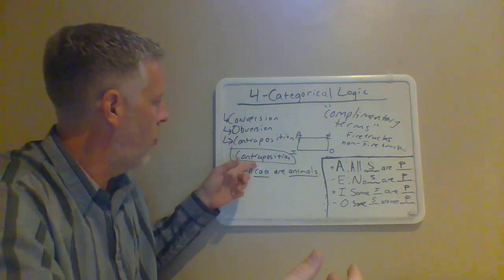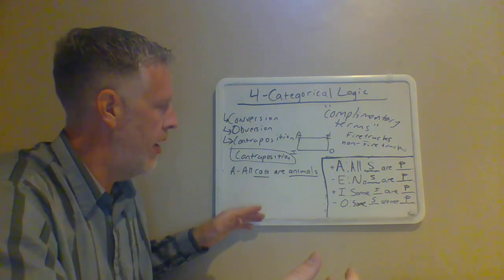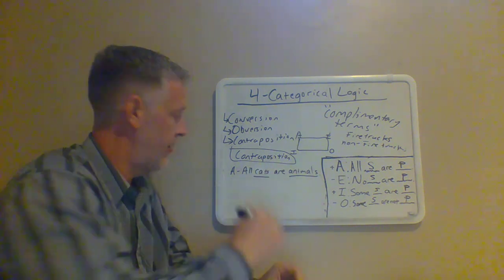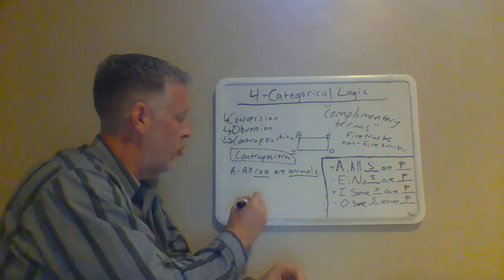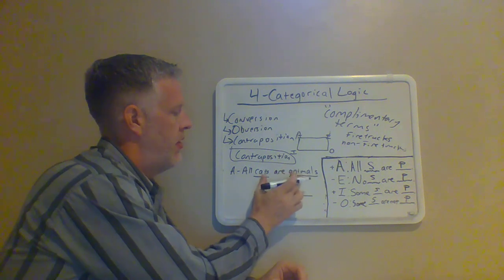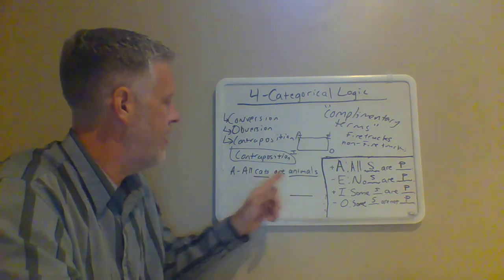So we're performing this operation of contraposition on this original claim. How do we do that? As indicated on the top of slide 13, the first thing you're going to do is switch the positions of these two, the subject and predicate, right? So animals is going to go here and cats is going to go here.